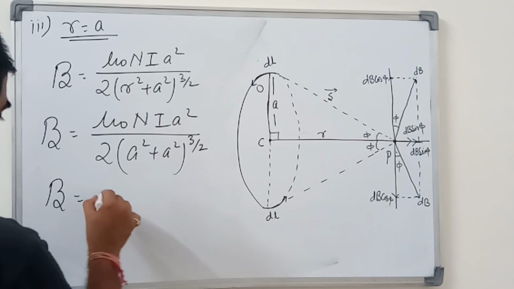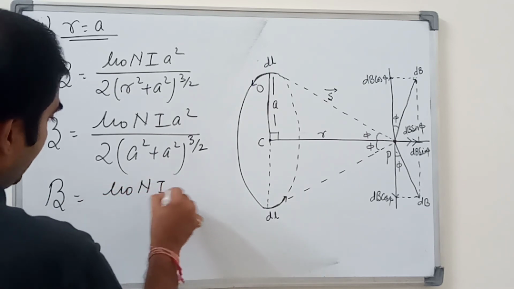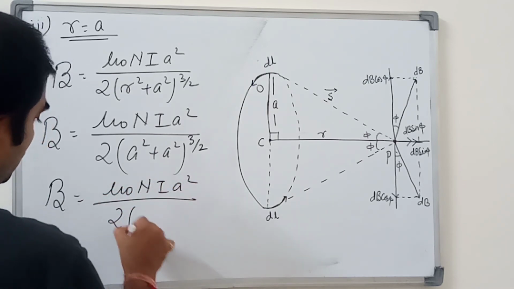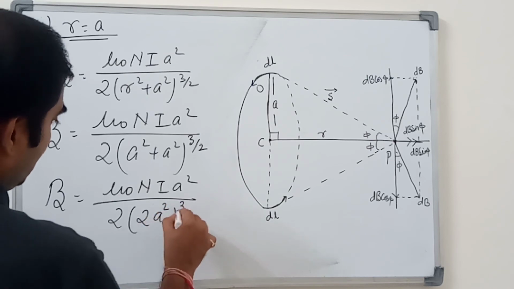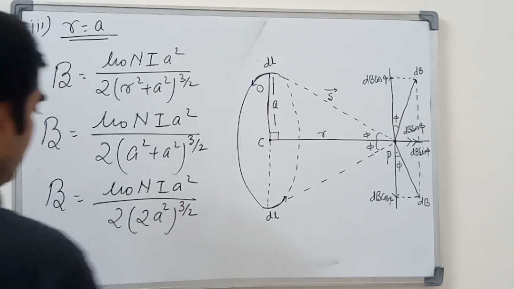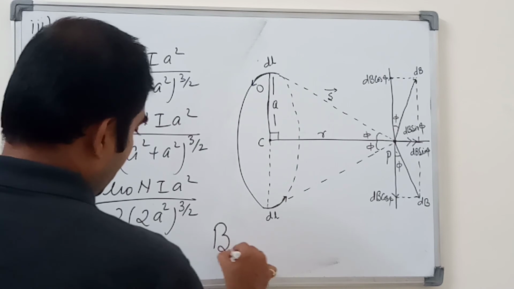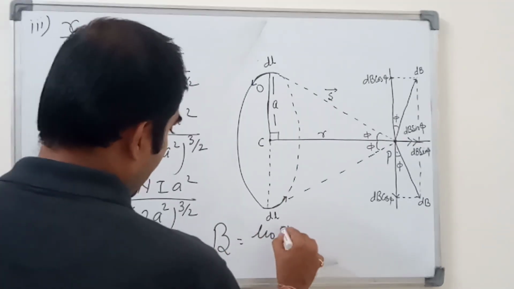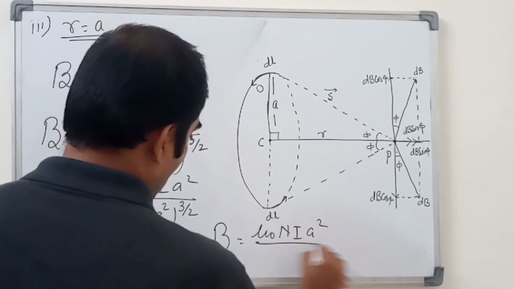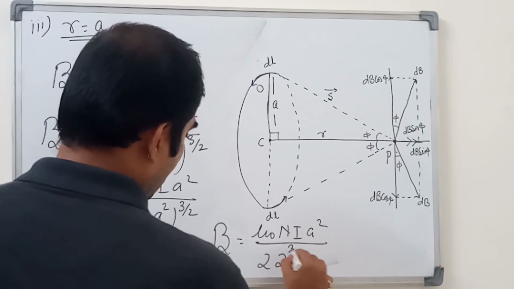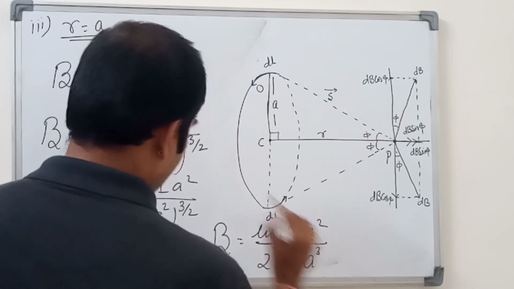So B is equal to mu0 N I a square, and here is the 2 and 2a square to the power 3 by 2, so 2 into 2 to the power 3 by 2, and here is the 3.